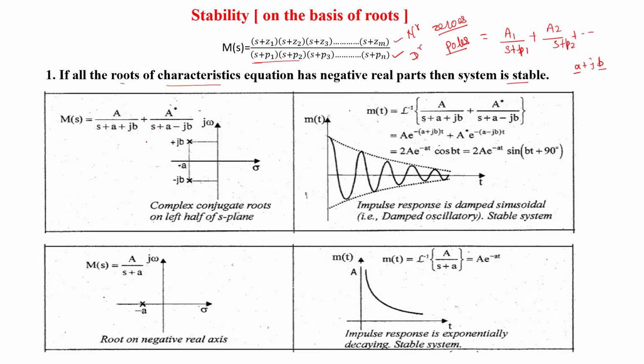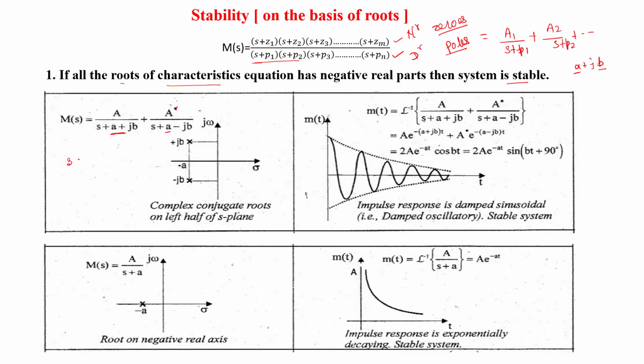So here M of s is a upon s plus a plus jb and here a by s plus a minus jb. So this is the a dash. Finally, if we equate this, the real part will be negative. Here also the real part is going to be negative. A is the real part here.